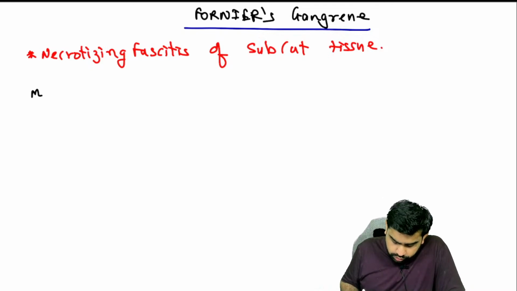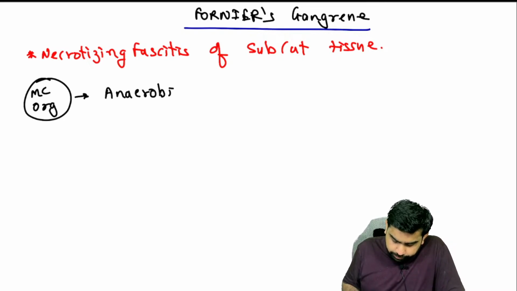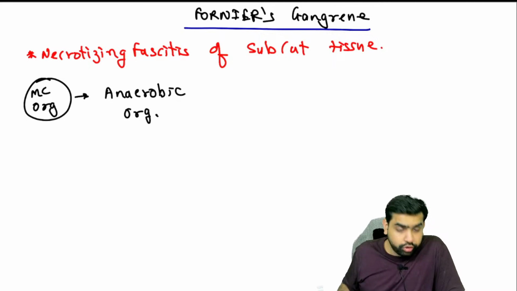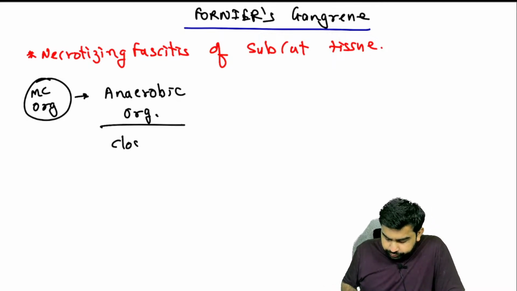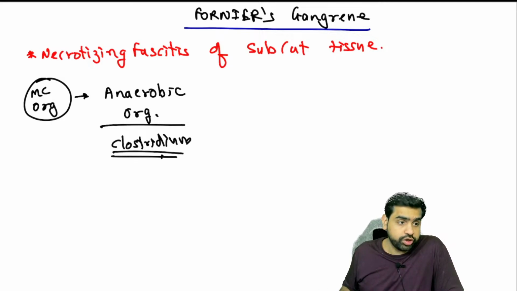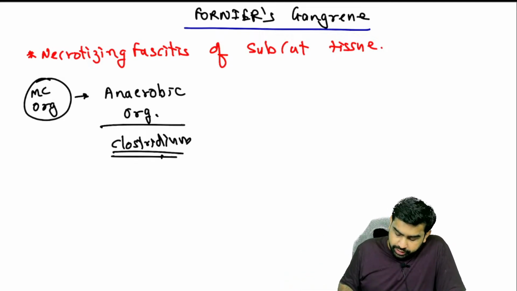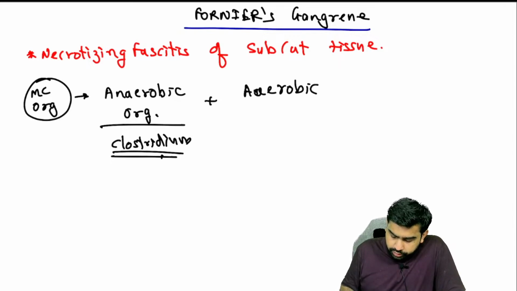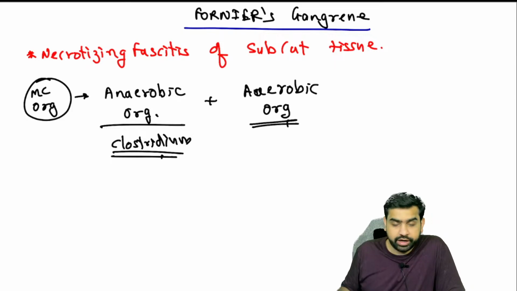Now, if I ask you which is the most common organism associated with this, we have anaerobic organisms like Clostridium. These are the ones which are most common. Along with that, even aerobic organisms may also be involved over here.